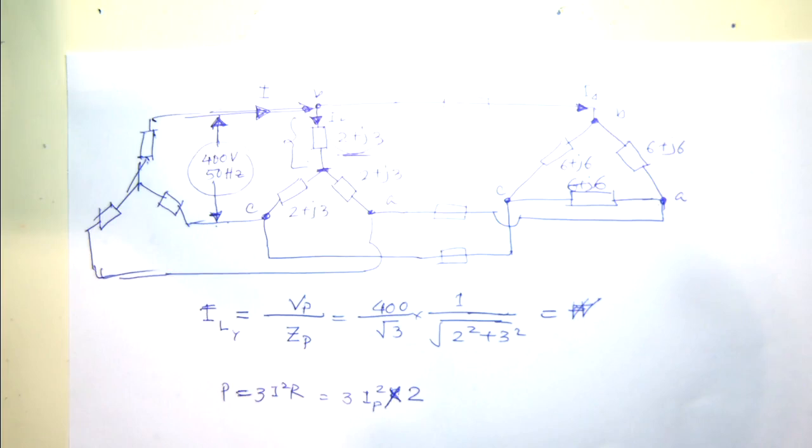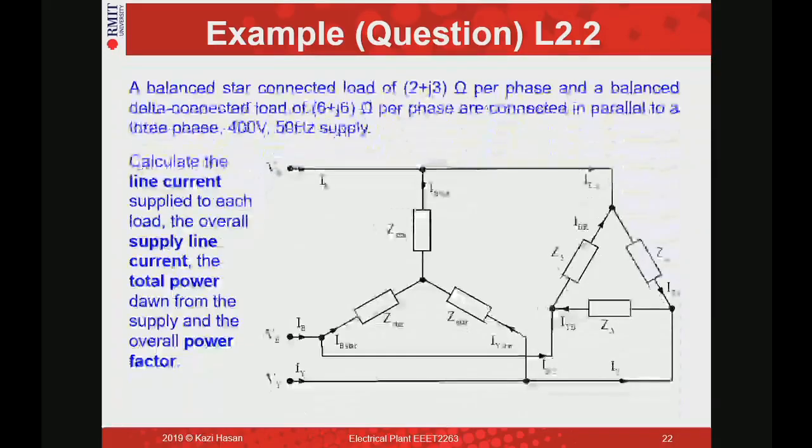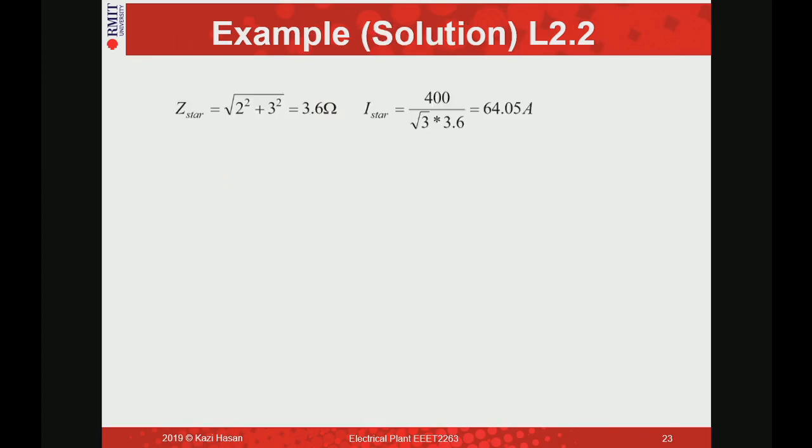So, if we look at the complete solution, firstly, this was the question: a balanced star was connected with a balanced delta. Then it was asking to determine the line current, then power and all of those. The first step, because we need to determine the line current, is to calculate the current.